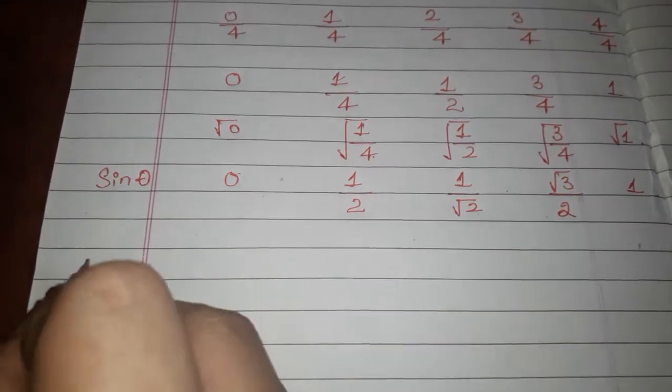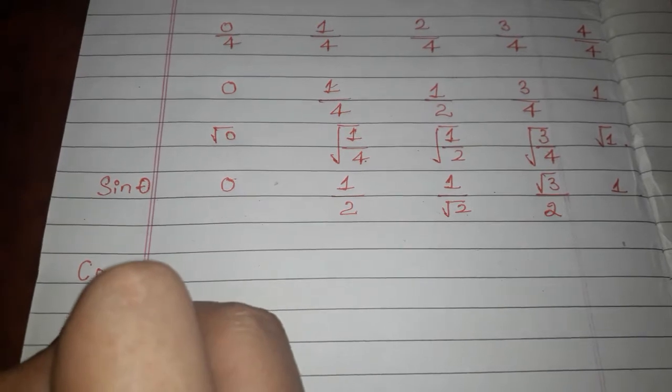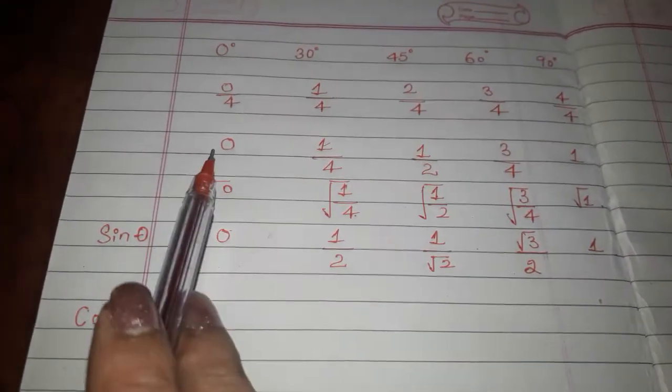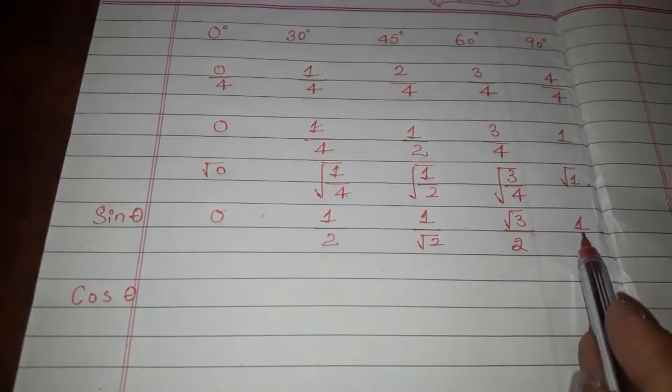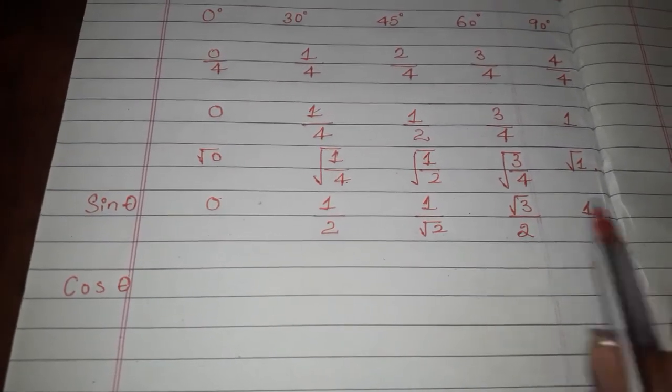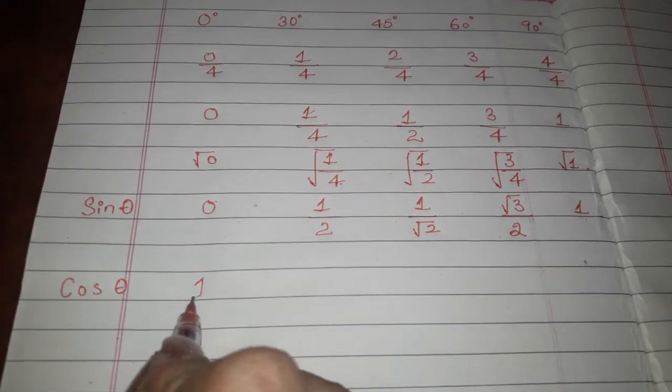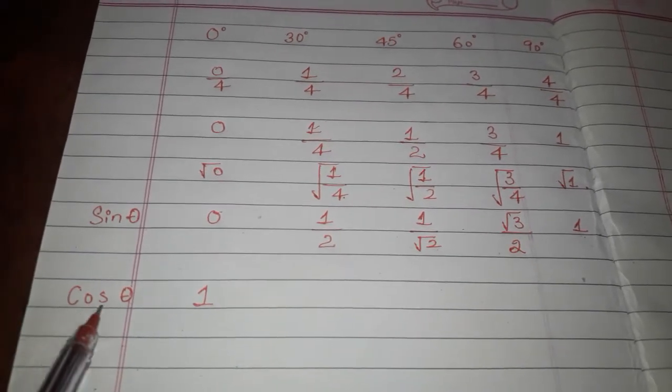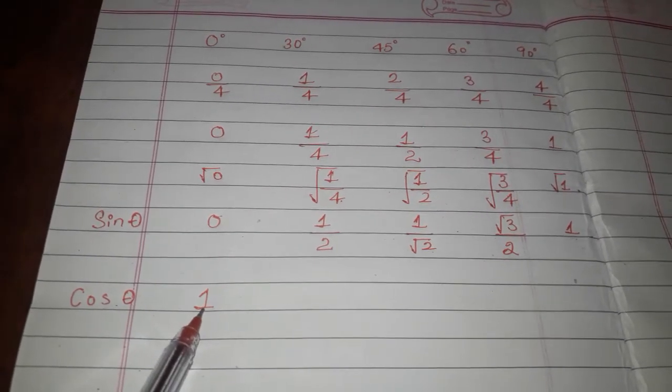Now values for cos theta. Cos 0 degree will be, you have to put the value on the extreme right and write it on the extreme left, that is 1. That is, cos 0 degree is 1 always.